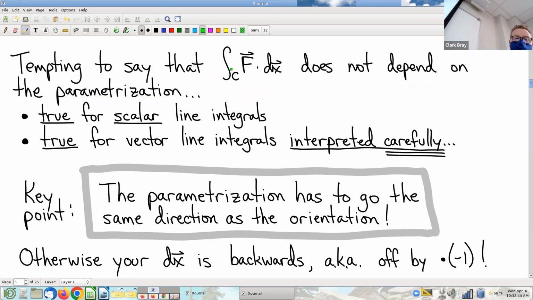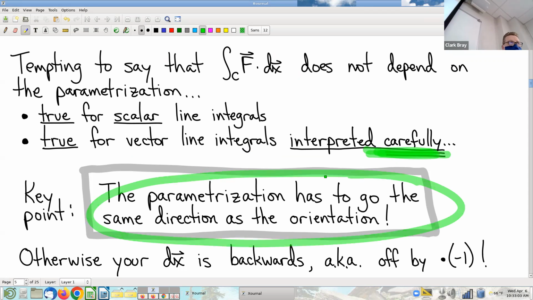And for scalar line integrals, it doesn't depend at all. Parameterize however you like. For vector line integrals, well, there are subtleties. It mostly doesn't matter, but you do, of course, have to be careful. In particular, you have to parameterize in the correct direction. If you parameterize backwards, of course, you get the wrong answer by a factor of -1.